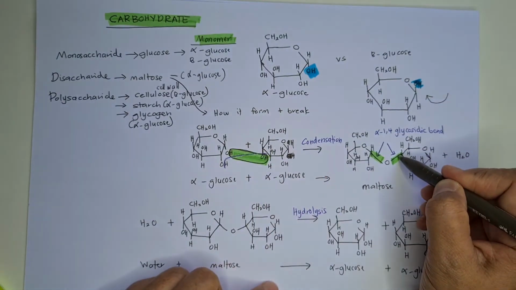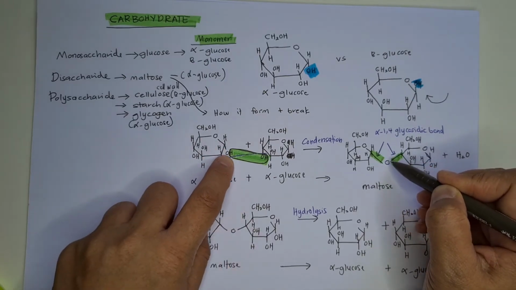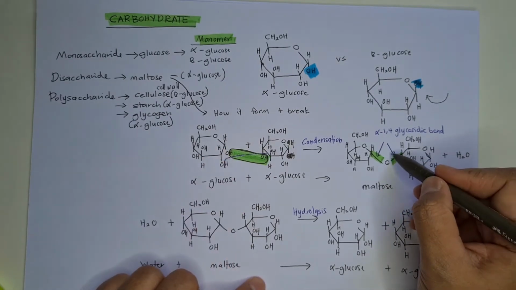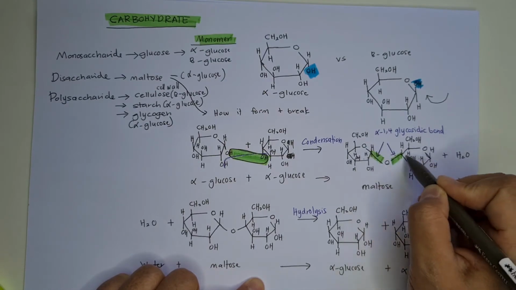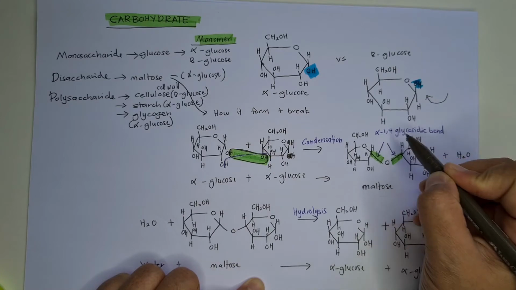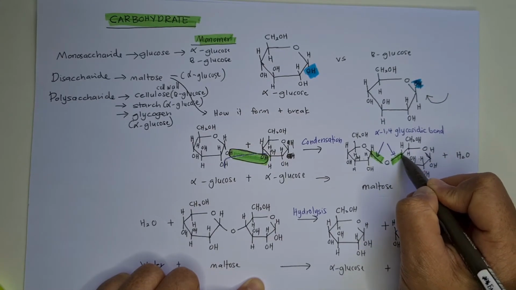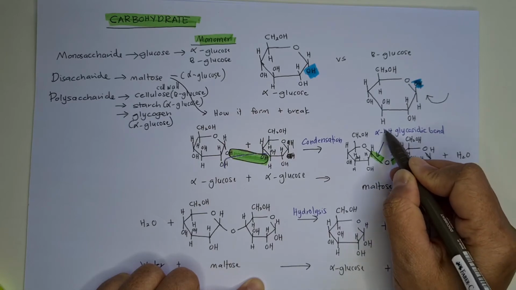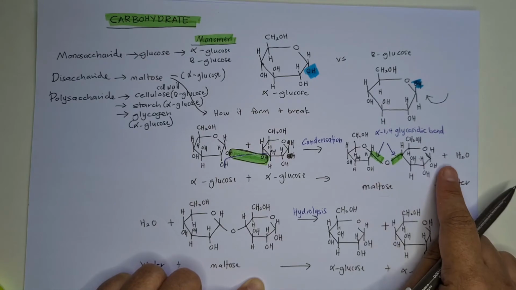So we just connecting the two lines, dan oksigen yang masih tinggal tu kita tulis balik kat sini. So bond ni, kita panggil alpha sebab melibatkan alpha glucose. Alpha 1,4, 1 tu merujuk pada carbon number 1 dekat sini, dan carbon number 4 kat sini yang membuat bond. The name of the bond is glycosidic, and then plus water.